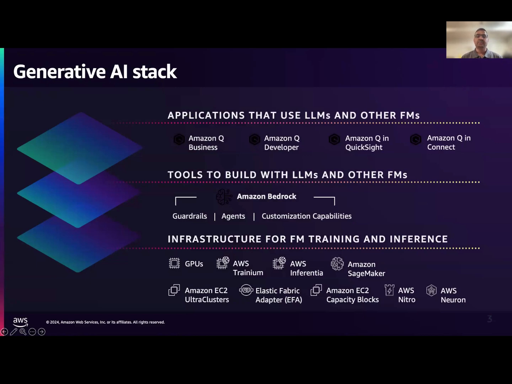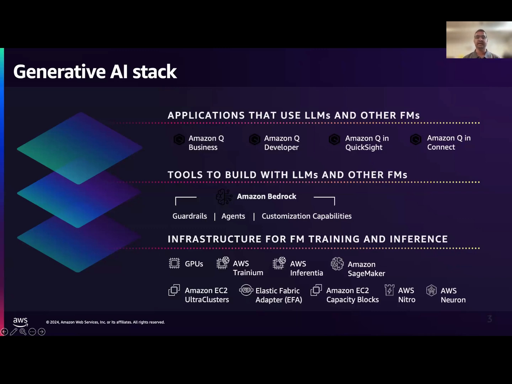If you look at the bottom layer, it is the most comprehensive set of tools and infrastructure for customers to quickly and cost effectively build and train large language models and other foundation models, and to run inference at scale. This contains our EC2 instance types, various GPU options for building and running AI applications, and then we also have the ecosystem around it.